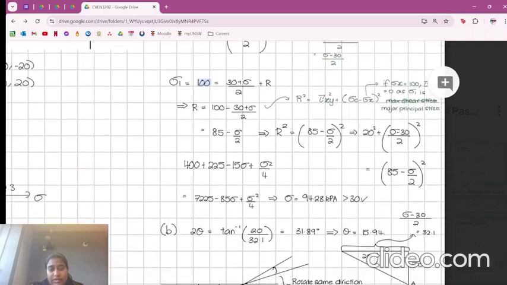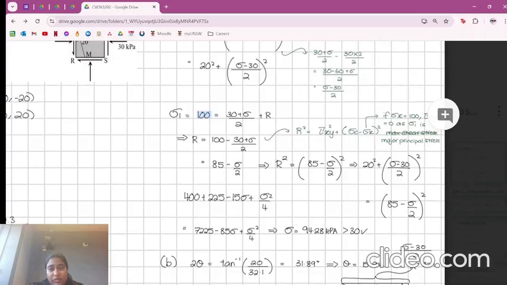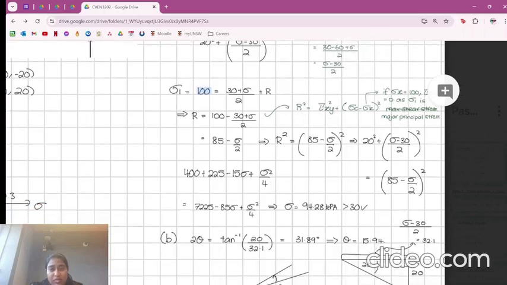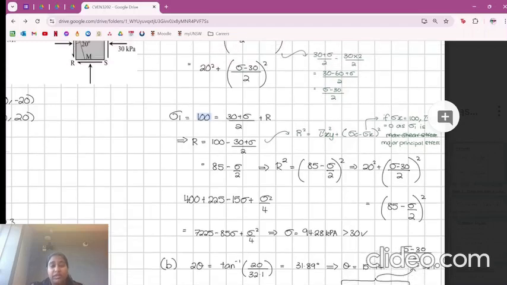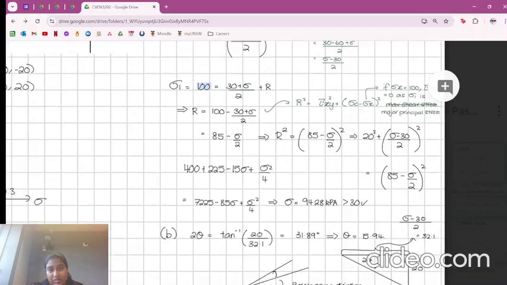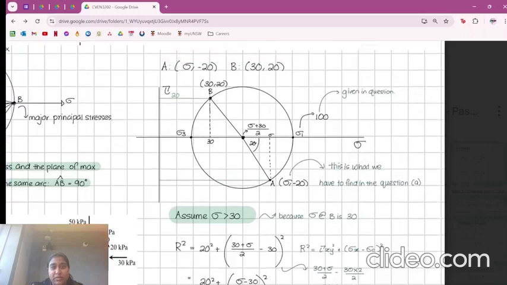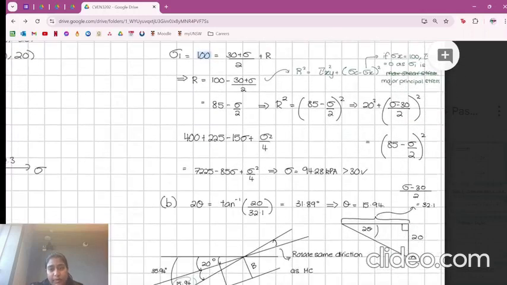So in the end, after you sub in all of your values and work through all of the equations, you get a sigma value of 94.28 kPa, which you know is bigger than 30, so it means that your assumption was correct and it all works out, and your Mohr circle is pretty accurate, right?